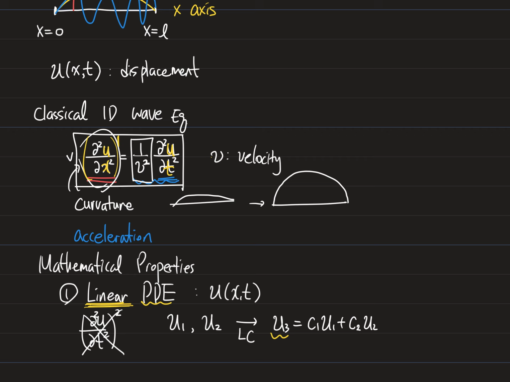This is an important feature. The linear combination of independent solutions can also be a valid solution of your partial differential equation. That is the basis for the principle of superposition.